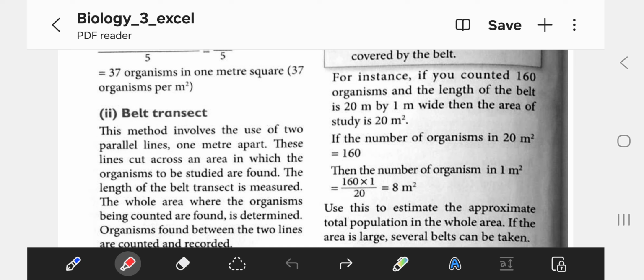Okay, and then after that, you allow the organisms to mix freely. Then you come back again and do what you call a second capture of organisms in the same place. You come back and capture the other organisms.